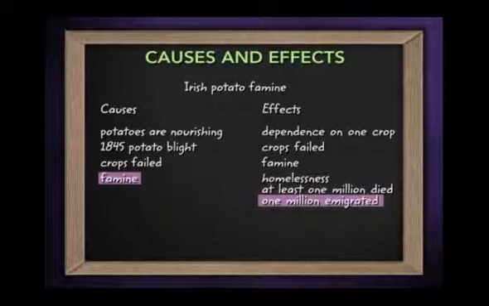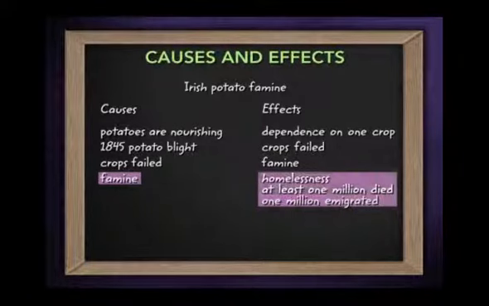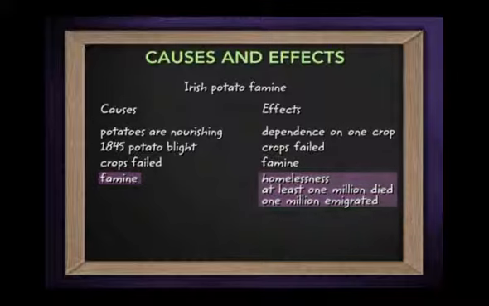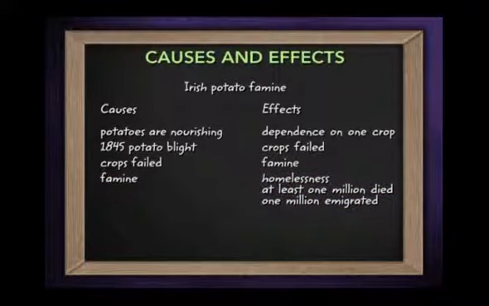They left Ireland. Many of them came to America. So my effects under famine are homelessness, 1 million people dying, and 1 million people leaving Ireland. So I've sorted my causes and my effects. I've recognized that some effects can also be causes, and I've recognized that some causes have multiple effects.